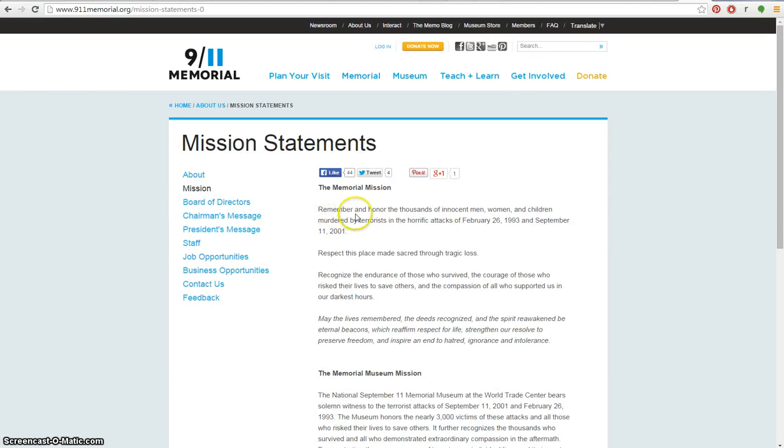It says they want to remember and honor the thousands of innocent men, women, and children who died at the hands of terrorists on September 11th. So obviously that seems legitimate enough to me. They're not doing this for profit. They're not doing this to expose any sort of crazy conspiracy about 9/11. They are doing it as a service to remember those who passed on that day.